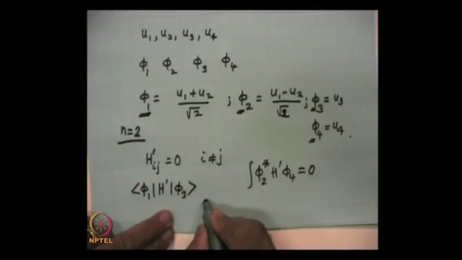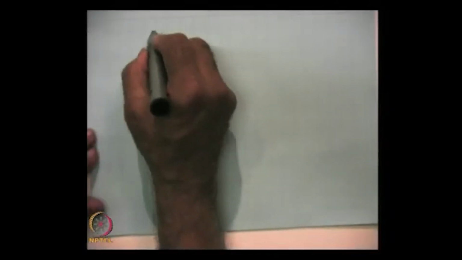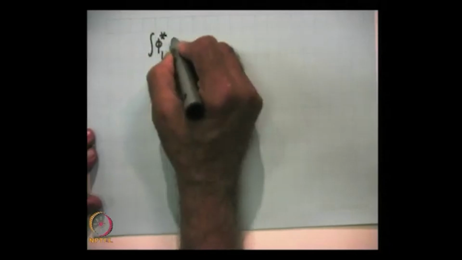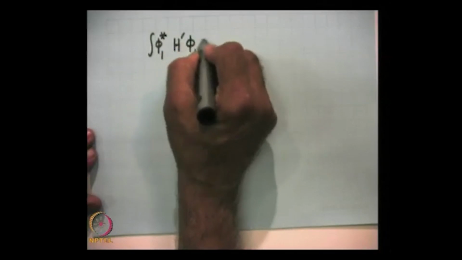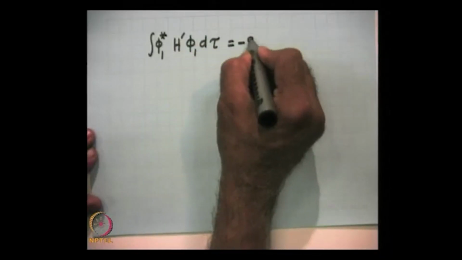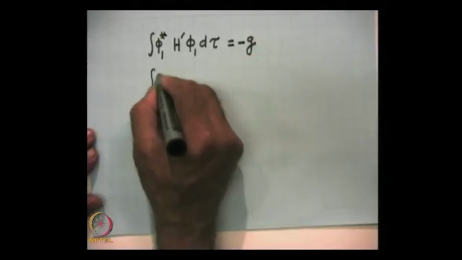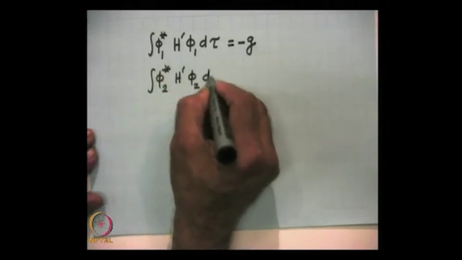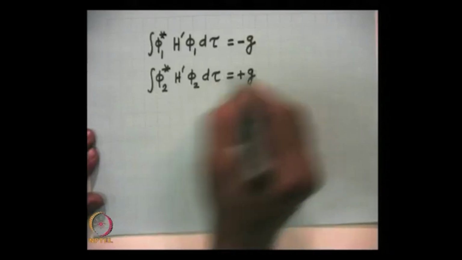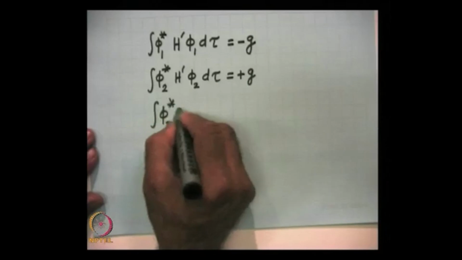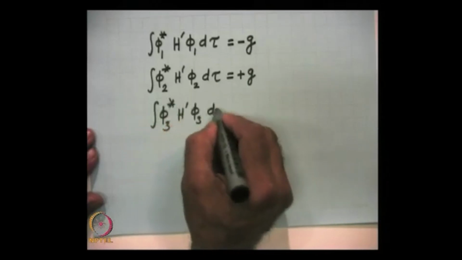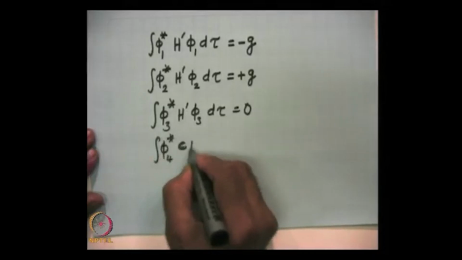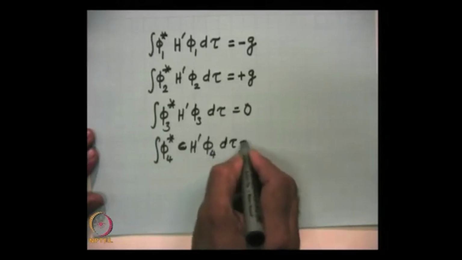You will find that the terms that survive are: integral phi 1 star h prime phi 1 d tau, which comes out to be minus g, and phi 2 star h prime phi 2 d tau, which will be plus g, phi 3 star h prime phi 3 d tau, which will be 0, and phi 4 star h prime phi 4 d tau, which is also 0.